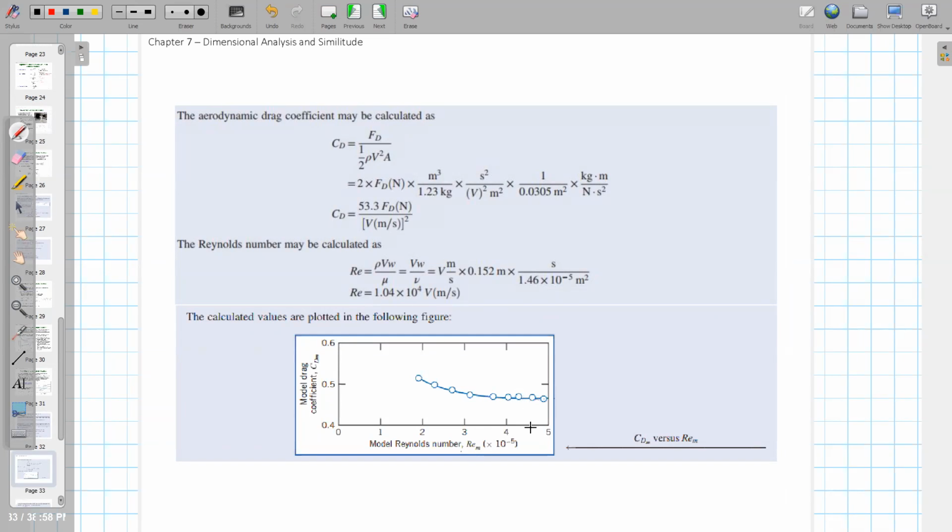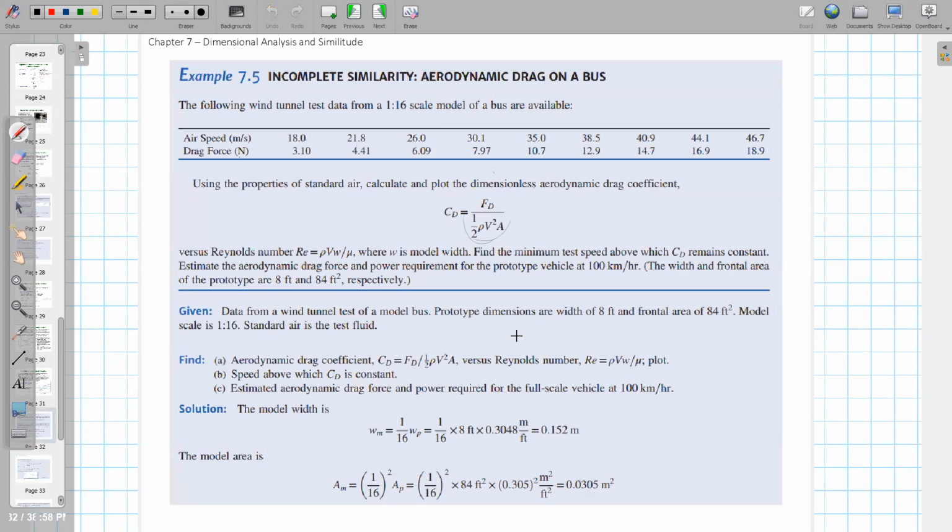In other words, after your velocity is large enough, your drag force is actually not dependent on the velocity, not dependent on the Reynolds number. So what does it mean? That means, remember that for these two cases, right?